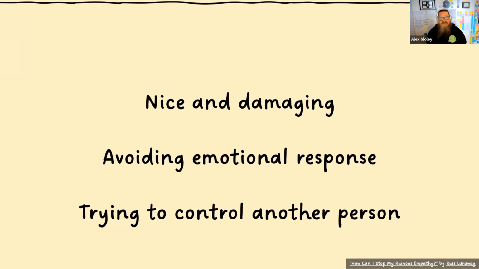That's going to be messy. I'm going to say the truth, they're going to get upset, and I'm going to have to deal with that situation. Emotions are gross, right? And in fact, this is your way of trying to exert control over that person. You're trying to control their response to you. Like avoiding conflict. Yeah, it is, exactly.